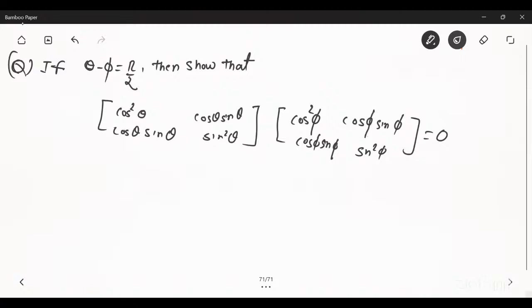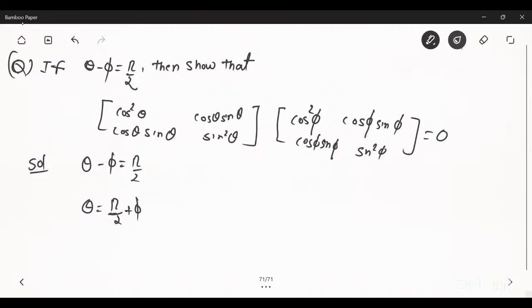So that was your important question. We know that theta minus phi equals pi by 2, so theta equals pi by 2 plus phi.